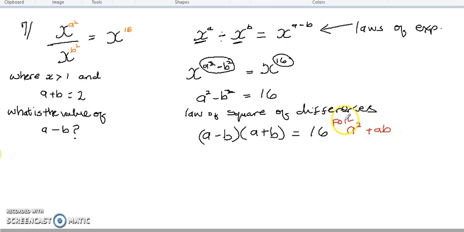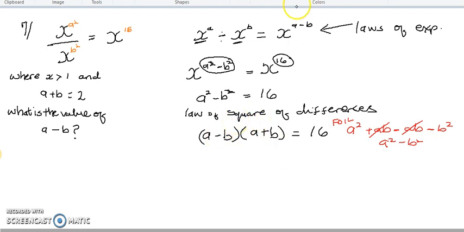Then we're multiplying the inner, the I here stands for inner, that's negative b and positive a, which gives us negative ab. And then the L stands for last, so the last two terms, negative b and positive b, are multiplied to give us negative b squared. These cancel out, and as you can see, we're left with a squared minus b squared. So that's where this came from.